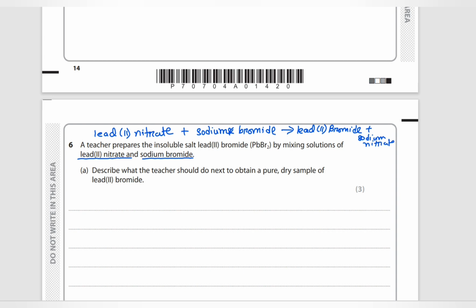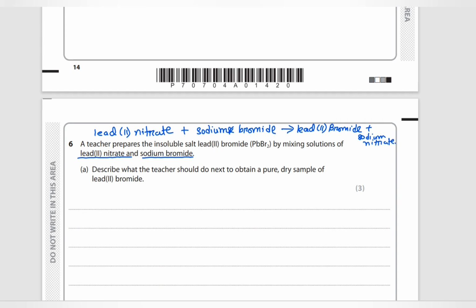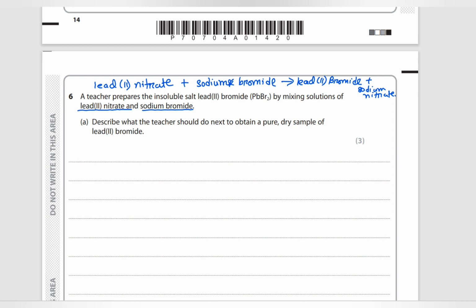So to get pure dry samples of lead(II) bromide, we need to filter the solution of lead(II) bromide and sodium nitrate.